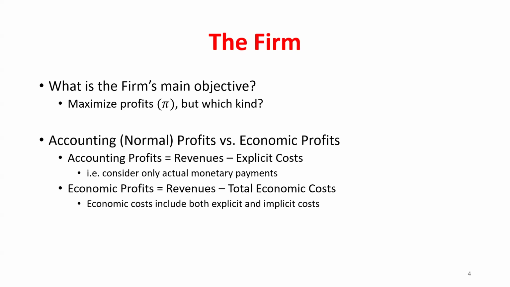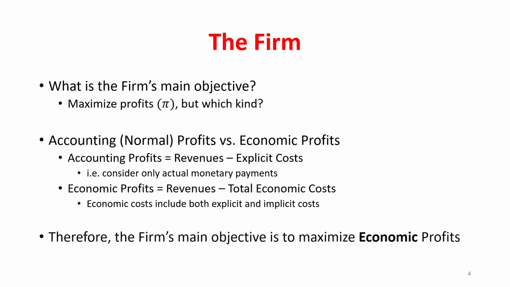So we should be making decisions not just based off our explicit costs. Even though accounting profits might be positive, if I factor in implicit costs, maybe they're in fact negative. We'll walk through some examples. Our goal as a firm should not be to maximize accounting profits, but to maximize economic profits, factoring in all types of costs.